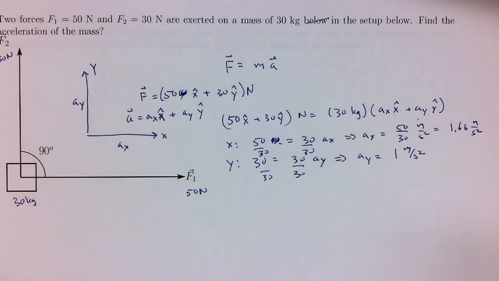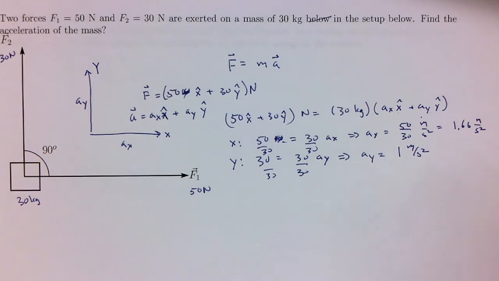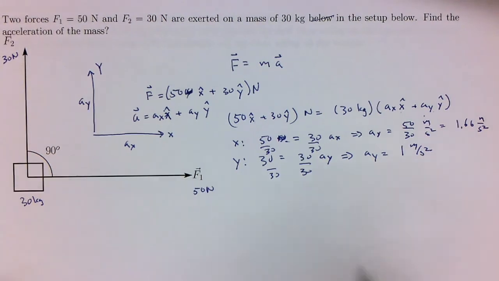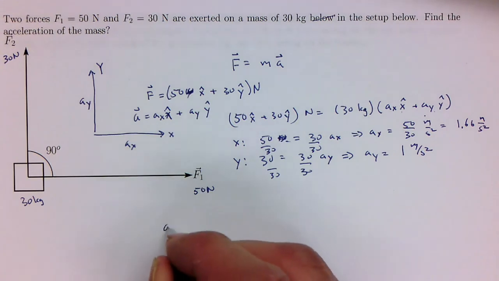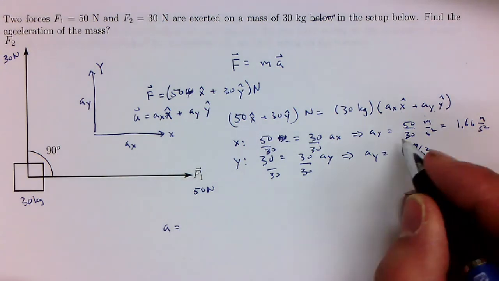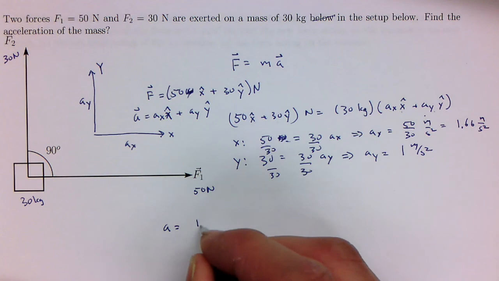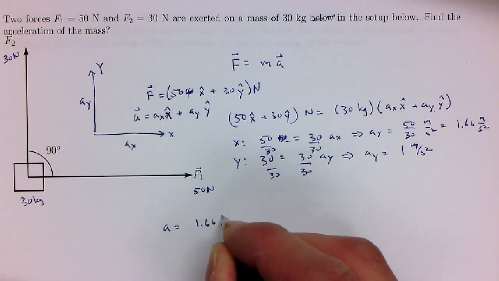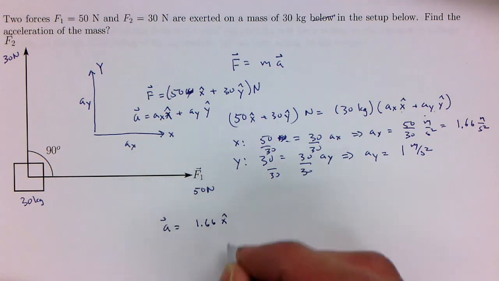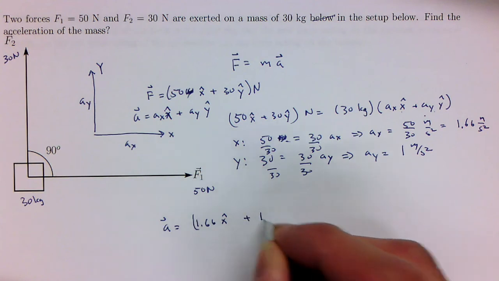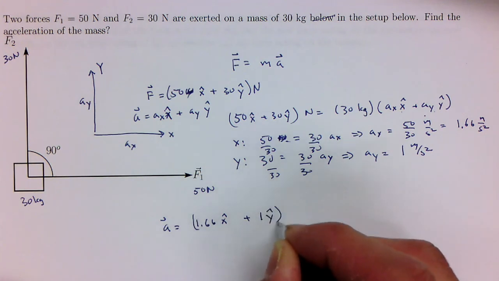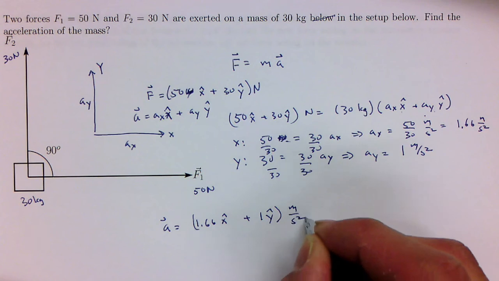So I have the two components here, and in fact I'm actually done at this point. I can write down what the acceleration needs to look like. The acceleration is equal to 1.66 in the x hat direction, remember, there's a little vector here, plus 1 in the y hat direction, meters per second squared.